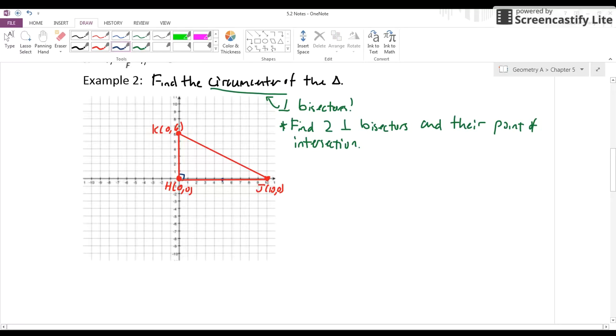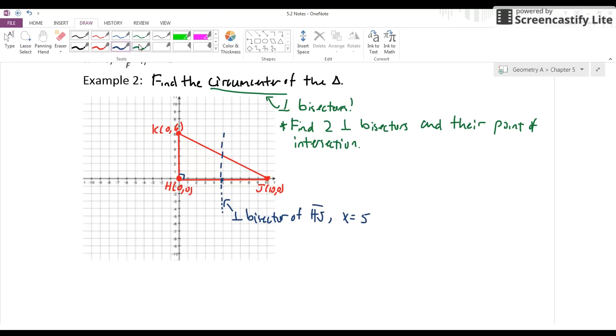And then since this is a flat line, my bisector should just go straight up and down. I know my line's a little crooked because I was sketching that in, but again, this is your perpendicular bisector of HJ, right? And that's the line x equals 5. It's x equals because it's a vertical line, right? So there's one perpendicular bisector.